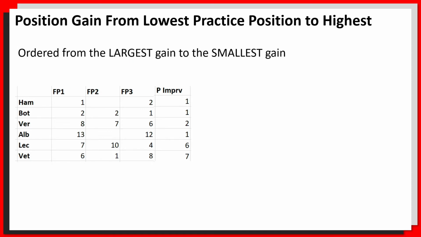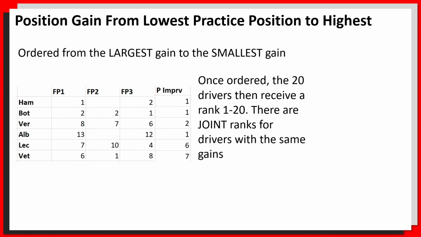And then again, this is ordered from your largest gain to the smallest gain, and then once ordered, the 20 drivers then receive a rank 1 through 20, exactly the same as the 2 previous categories as well. There are then joint ranks for drivers with the same gains.